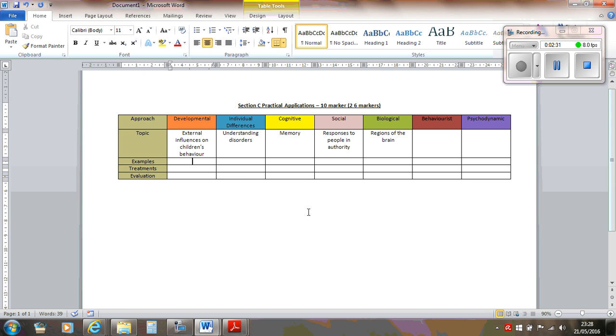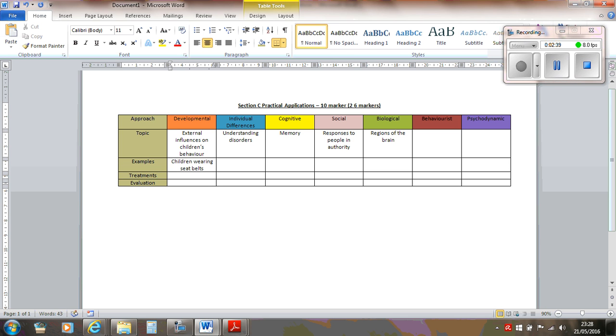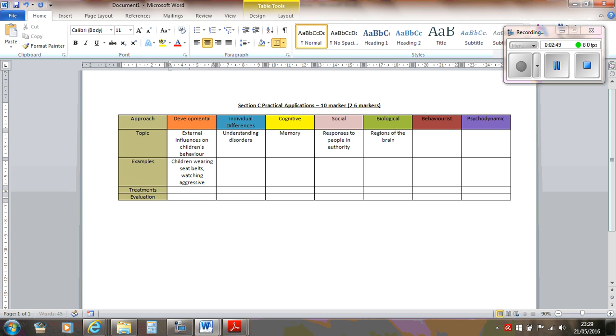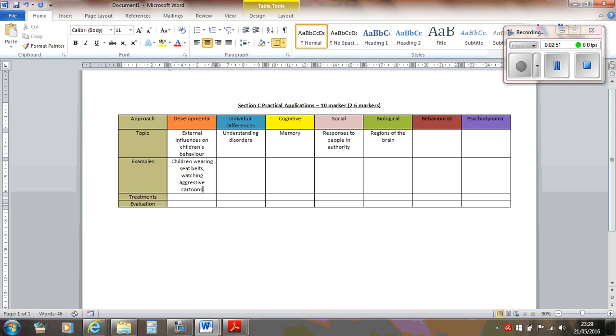The samples that we've been given have been things like children wearing seatbelts, for example, or watching aggressive cartoons maybe. It's going to be something about children and something they do that then influences their behaviour. So there's going to be some kind of adult there that could be affecting them in some way.